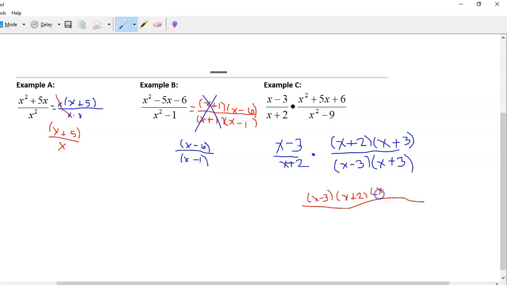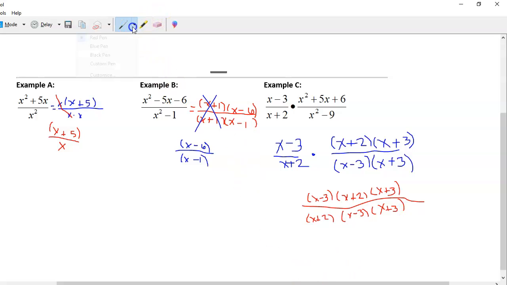In the denominator, I'll have x plus 2 and I'll have the denominator of the other rational expression, x minus 3 and x plus 3. I factor and then I smush, right? Factor and smush.